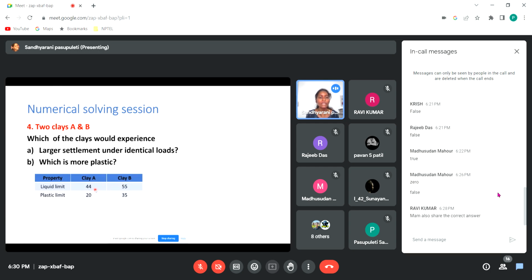You have a liquid limit of 44 for clay A and 55 for clay B. I wanted you to type in the chat box whether clay A is low compressible or high compressible, and whether clay B is low compressible or high compressible, according to the US classification system. Which is high compressible? You can type whether clay A or clay B.